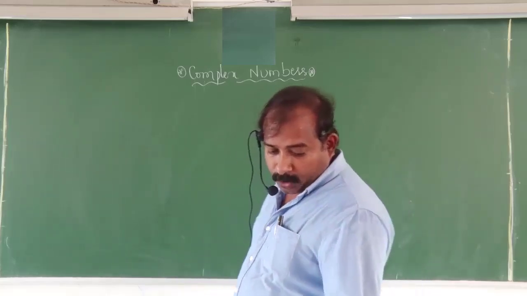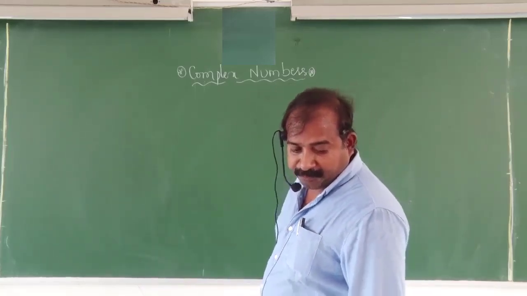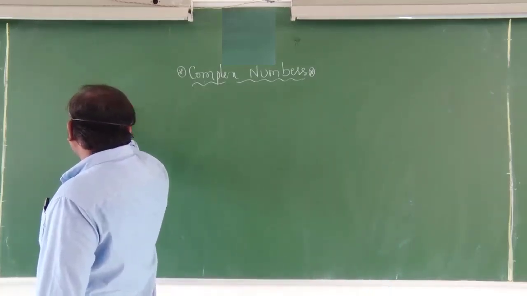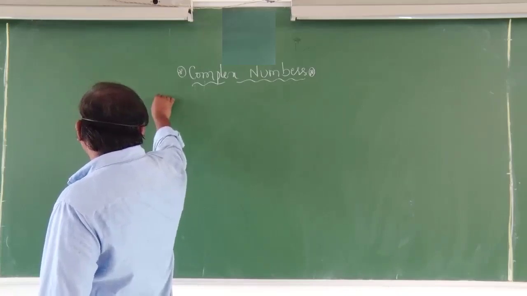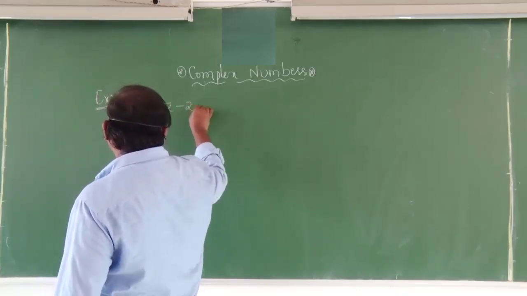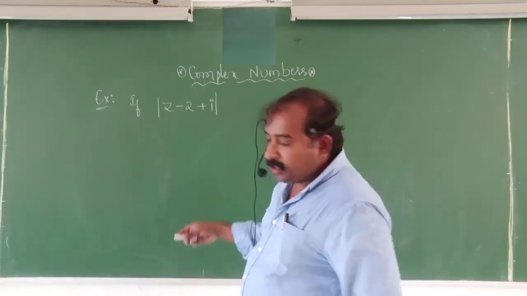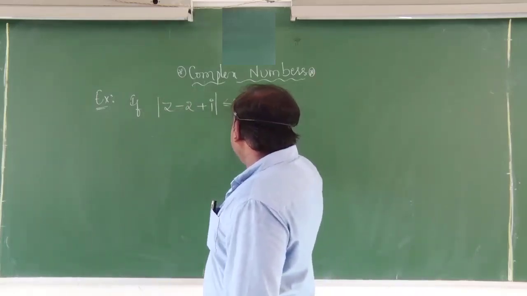Now one bit is given here. Listen, ma'am. I will start with the first example. Modulus of z minus 2 plus i is less than or equal to 2.